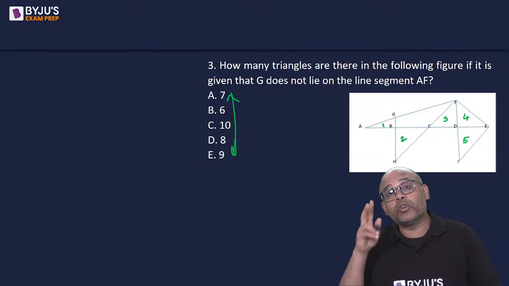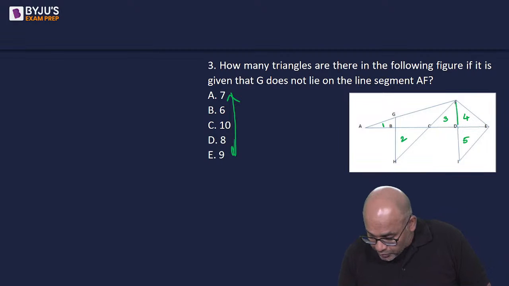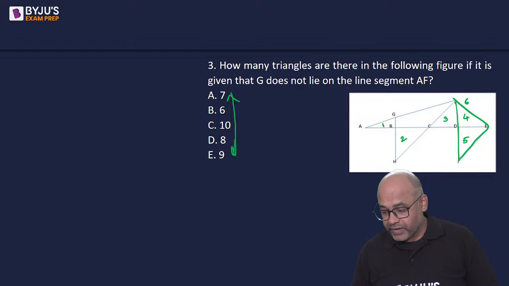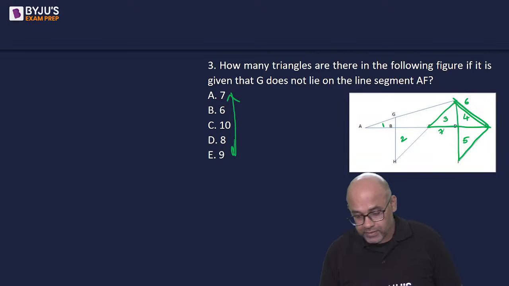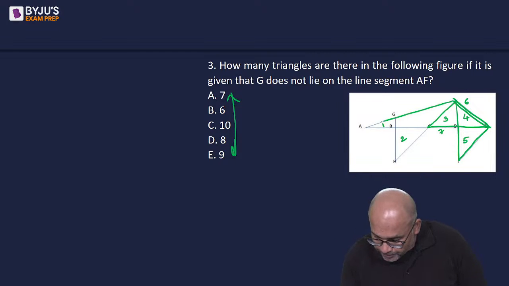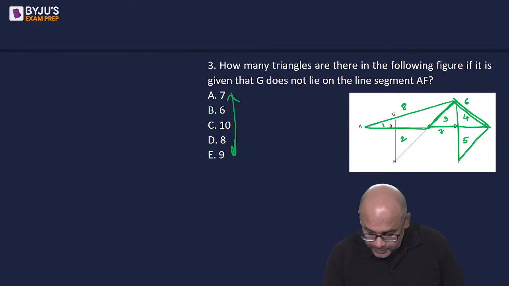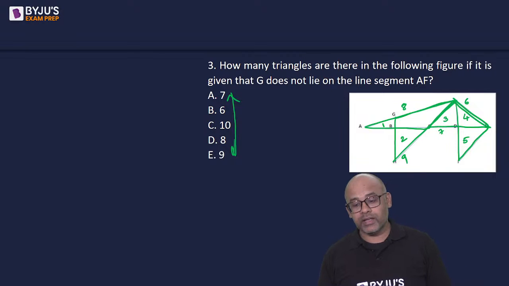Now let's go for two combinations. So this is 6, 2 things in it. 7, 2 triangles. 8, 2 triangles. 9, 2 triangles.